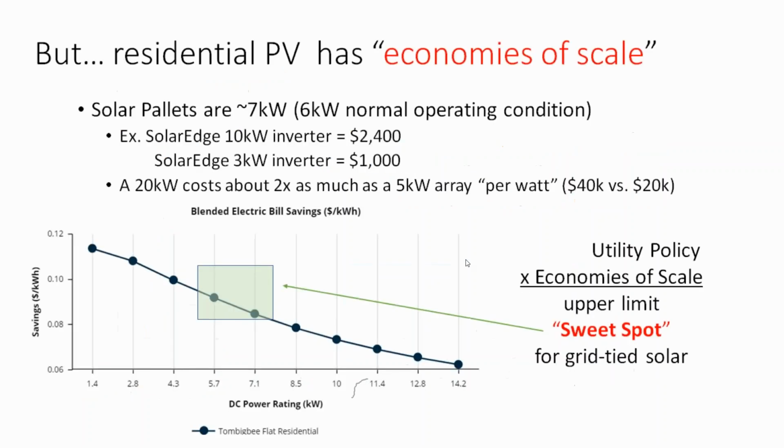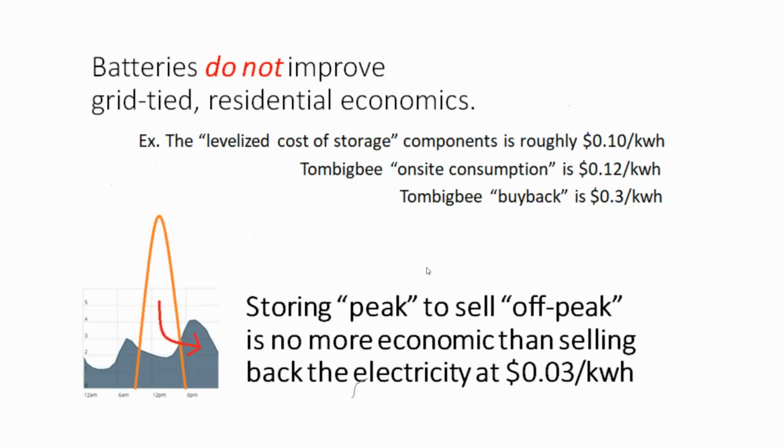And the answer is it's kind of tough to do that. And the reason is, let's just look at Mississippi, for example. This should probably be a 0 right here for 3 cents. Let's assume that I get a 12-cent credit for my peak rate and a 3-cent credit for my off-peak rate.